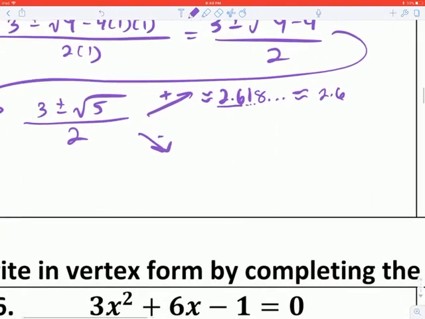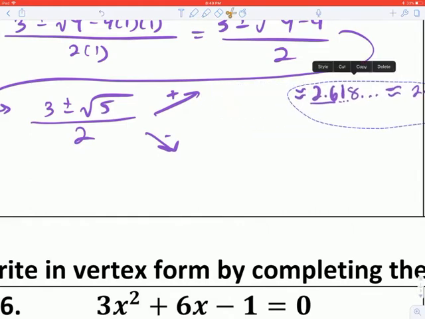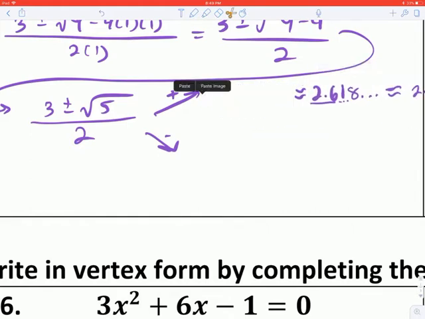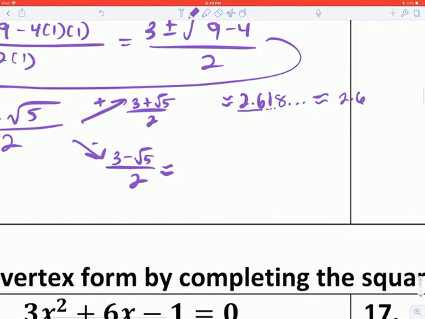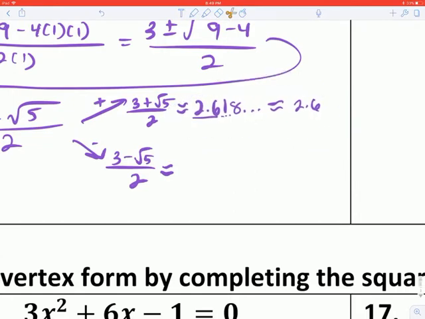and I get 3 minus, so by the way, for this problem I will show you, when I'm doing the plus version, I'm doing 3 plus the square root of 5 over 2. The one down below will be 3 minus the square root of 5 over 2. So move this back a little bit.